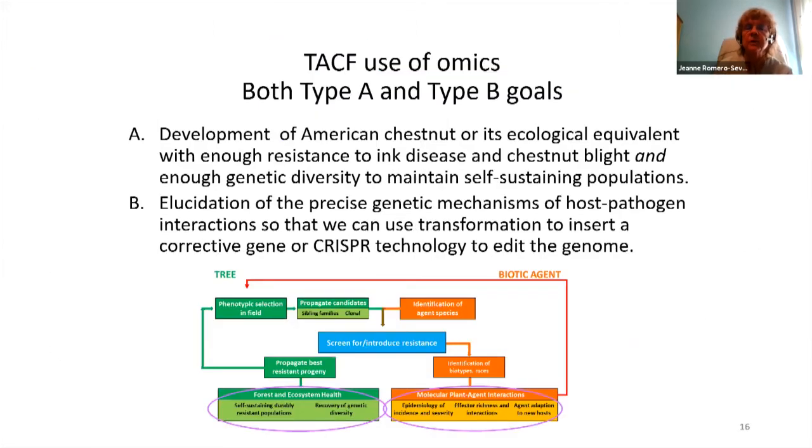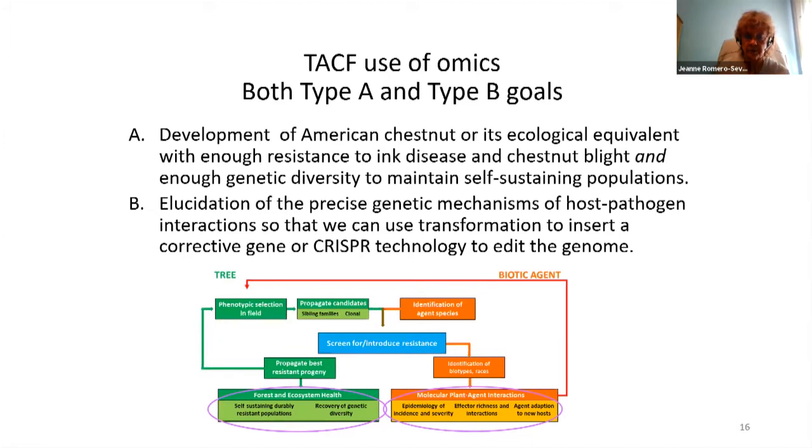Now, what about TACF? TACF has both type A and type B goals. You have an applied breeding program, but you also want to elucidate or work out the precise genetic mechanisms of host pathogen interactions.